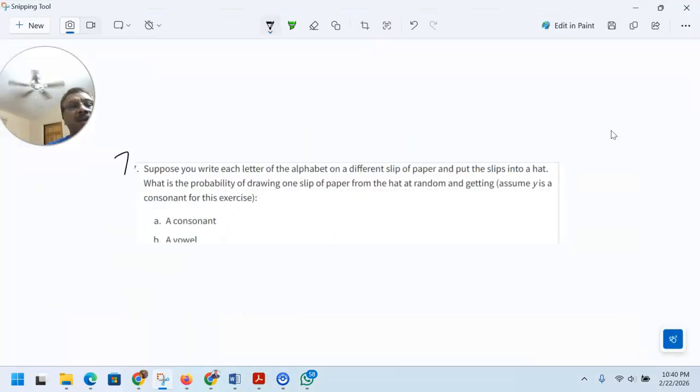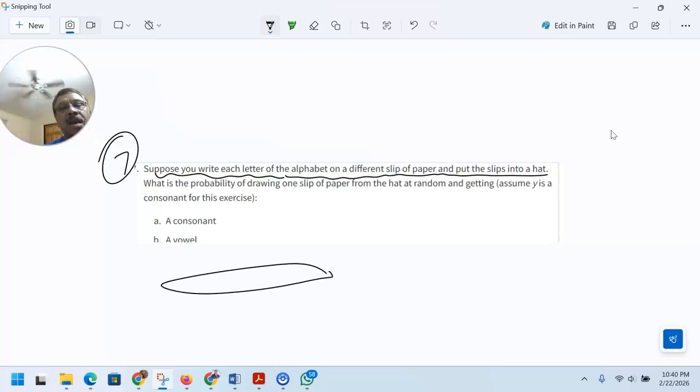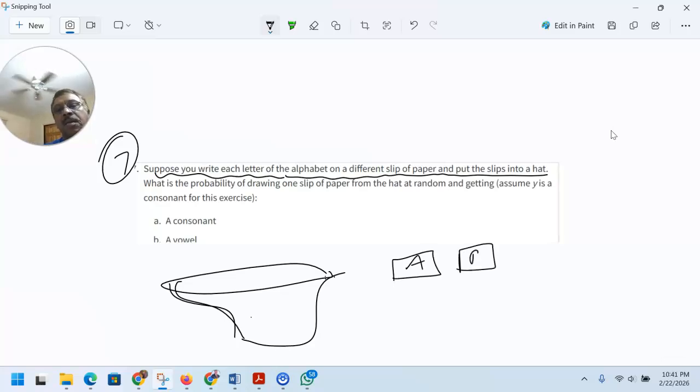Question number 7. Suppose you write each letter of the alphabet on a slip of paper and put the slips into a hat. So this is a big hat. You write the slips of paper like this, A and B, and then put them inside here.